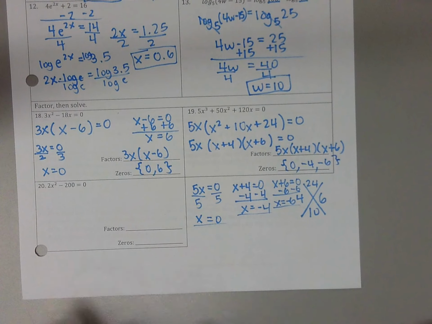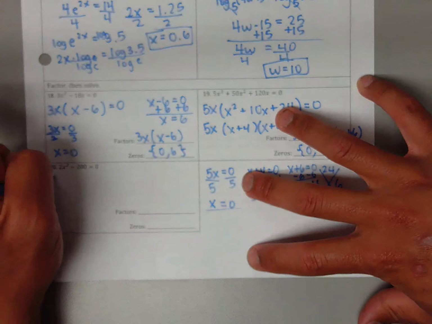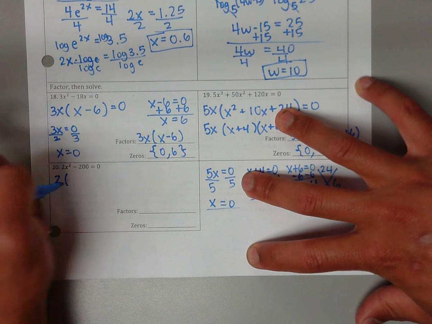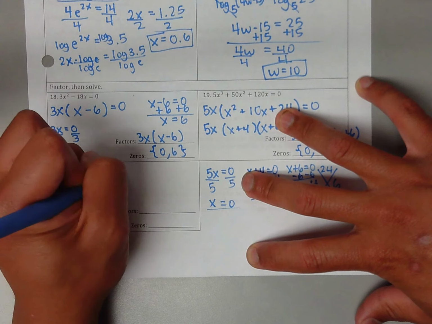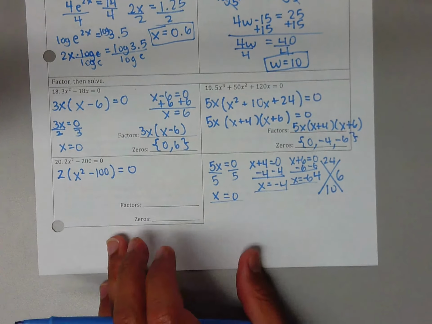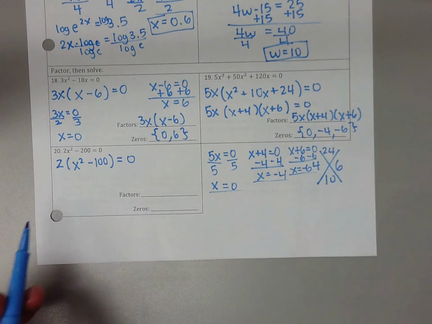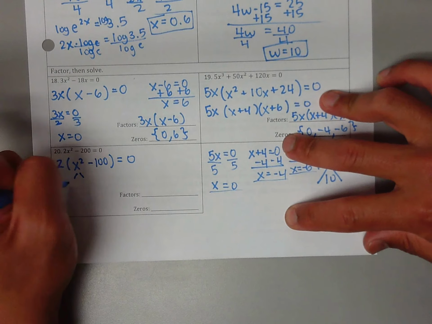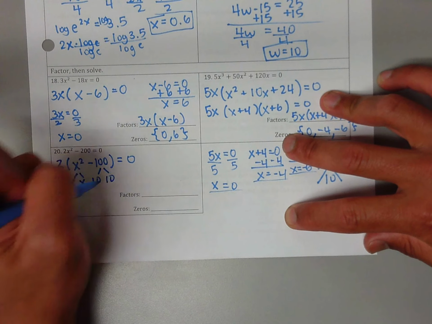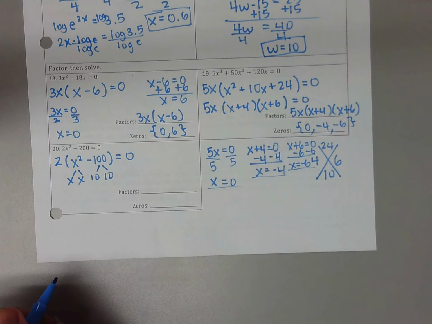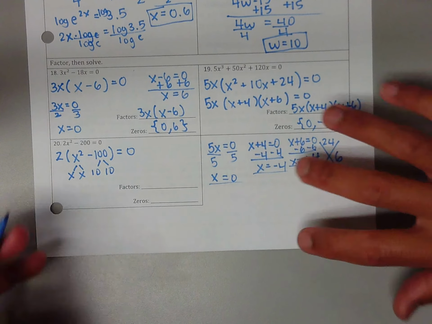All right, question number 20. Once again, our greatest common factor, we always factor it out. That'll be 2. In parentheses, we have x squared minus 100. So remember, we can recognize that these are perfect squares, right? So we can go ahead and split this up into x and x, the 100 into 10 and 10. And then now we could rewrite it in this difference of squares technique.